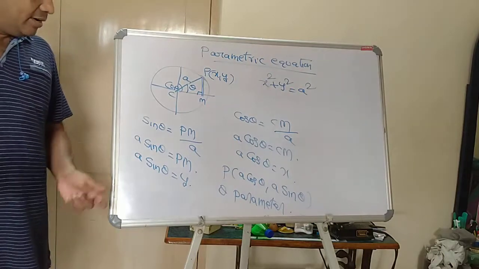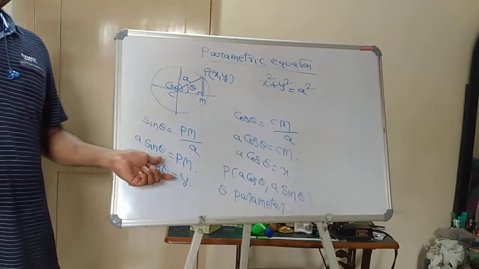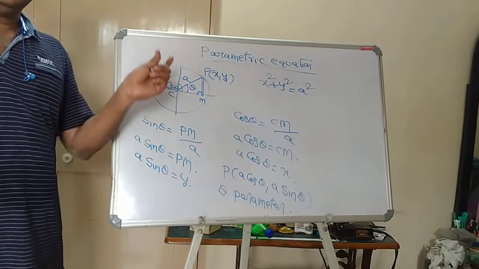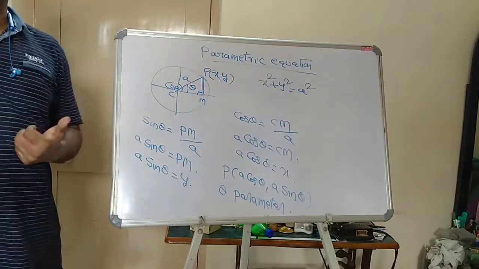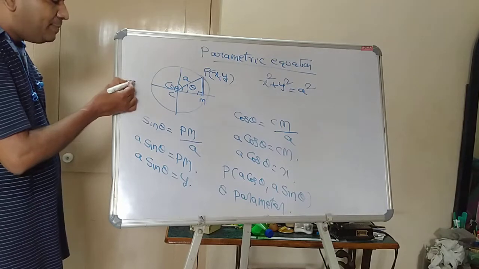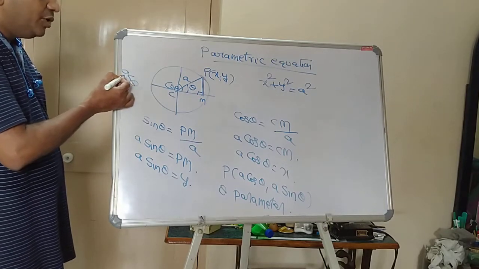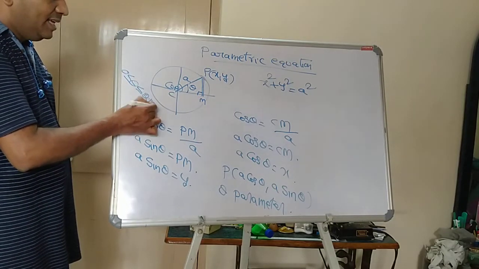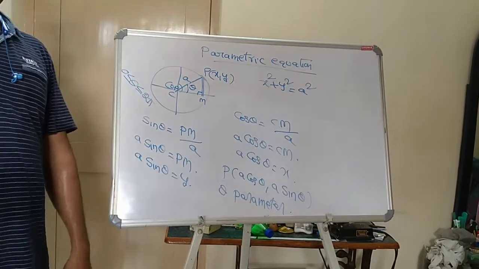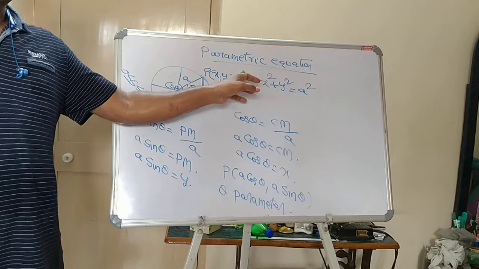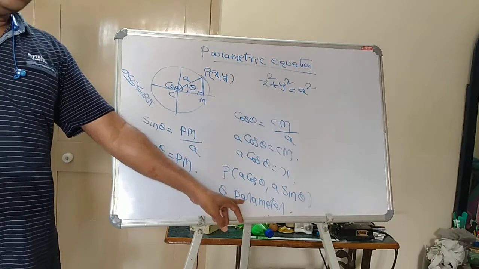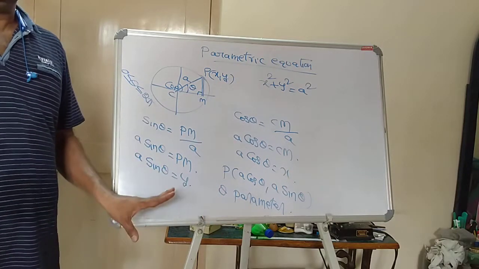Now x equals a cos theta, y equals a sin theta are called parametric equations of the circle. Here theta lies between 0 to 2 pi.